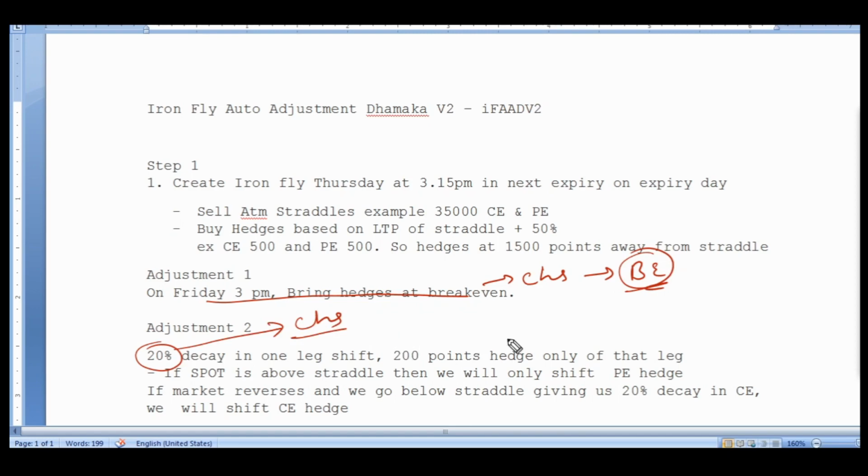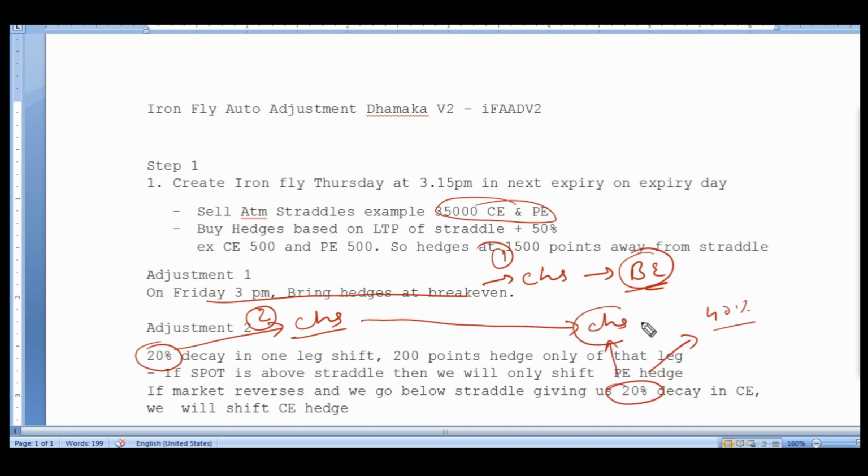If another 20% decay happens and our third adjustment, so this is the first adjustment, this is the second adjustment, and this is a 40% reduction in the short call price, which was this ATM call and put. If this also happens and we again buy the hedge, the CHS value will be assigned to that.